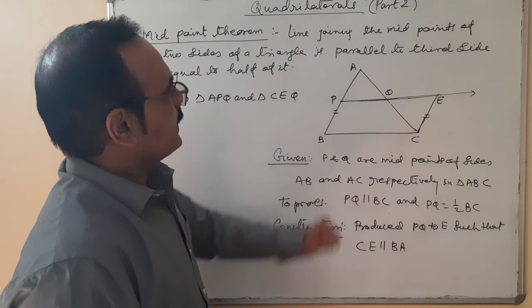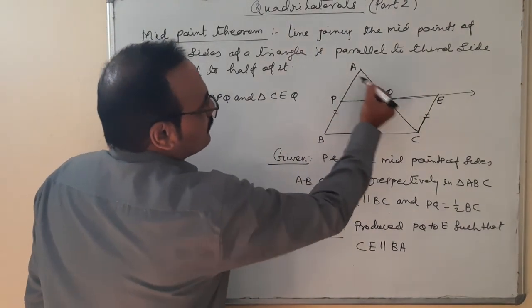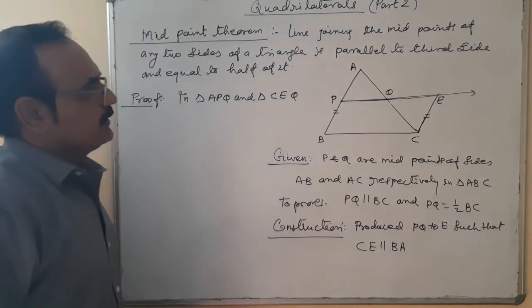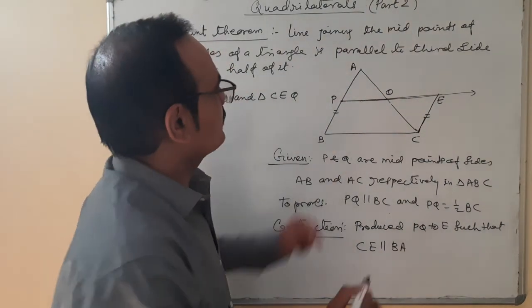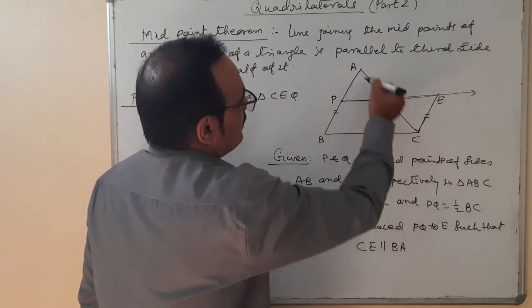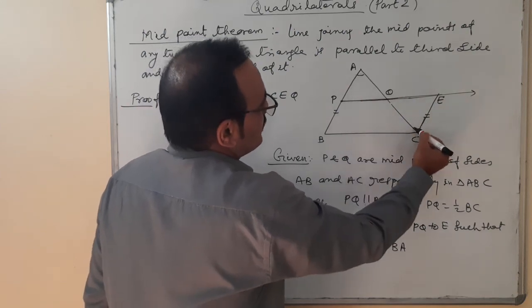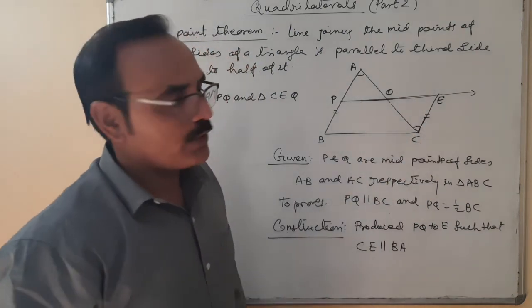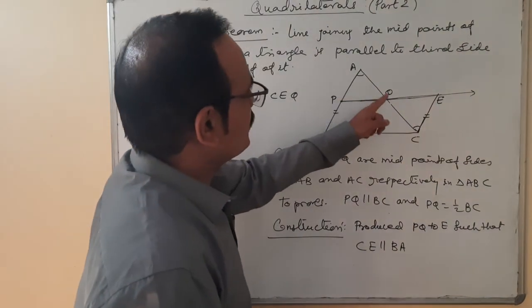Okay, so let us see. Number one, in these two triangles, anything which is equal? BA is parallel to CE. These are parallel and it is a transversal. That means these two angles are equal. Second one, AQ is equal to QC.